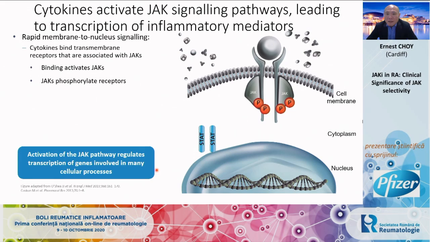So one Janus kinase will phosphorylate the opposite Janus kinase and vice versa. The consequence of this is that it exposes active phosphate molecules on the cytoplasmic tail of the cytokine receptor, and this allows the STAT molecule, which is in the cytoplasm, to dock onto it. Next click, please.